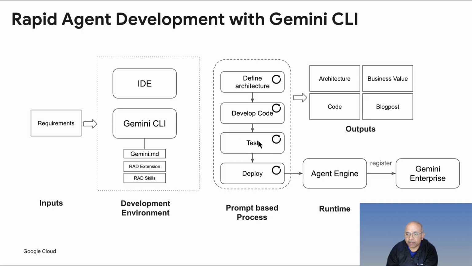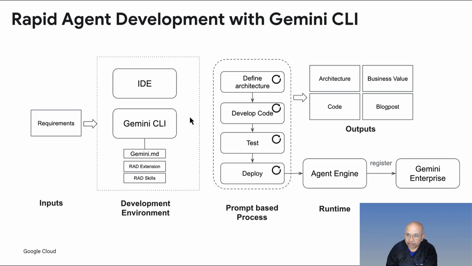Finally, when the agent is fully tested, you can deploy it onto the agent engine, which is a managed runtime for agents. Once the agent is running on the agent engine, you can also register it with Gemini Enterprise if it applies, and use that agent from Gemini Enterprise.